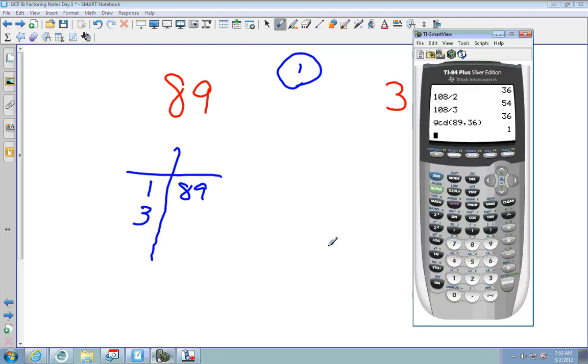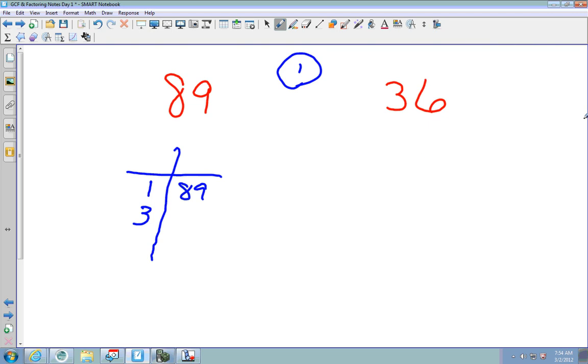I do know, but divided by 3, it doesn't go in evenly. So what you would do is make a T-chart for both numbers, and look to see what the greatest common number is. And you're going to find that in algebra class today as your teachers go over it.